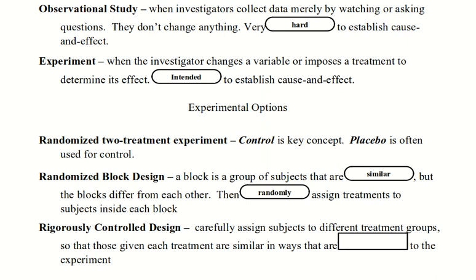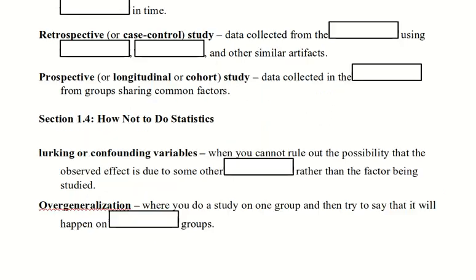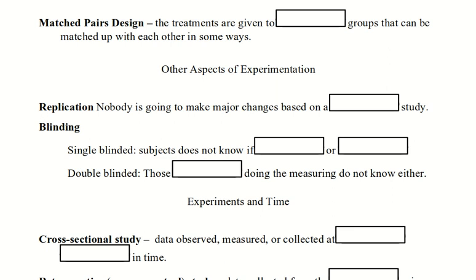If we are making a claim about a certain population, we want to be very careful to select individuals that come from that population. And of course, that means that it is important to the experiment that each of those are treated in a similar way. So, matched pair design, the treatments are given to two groups that can be matched or paired up with each other in some way.